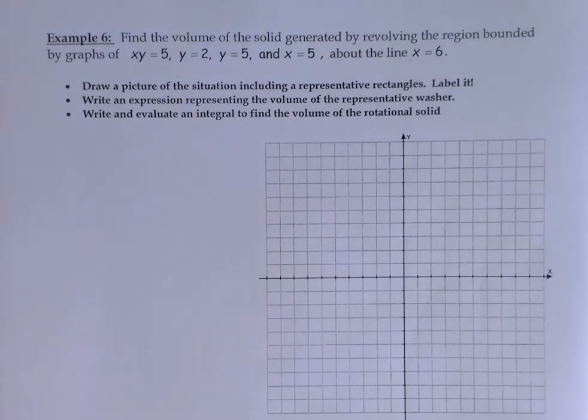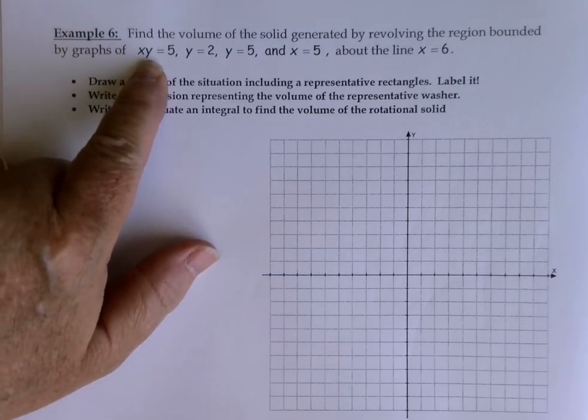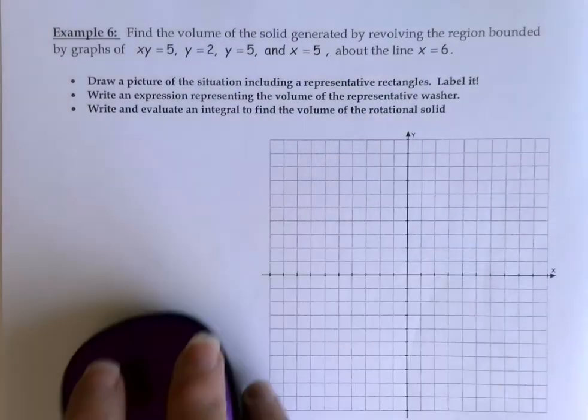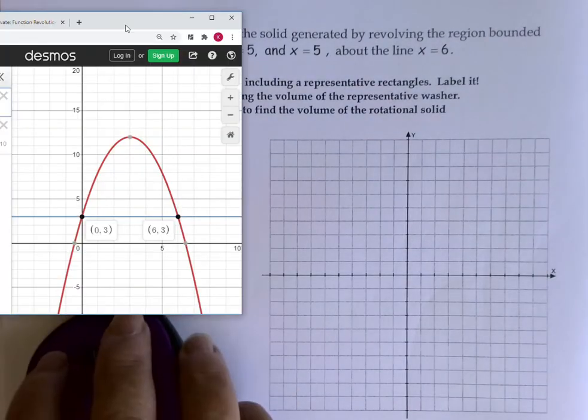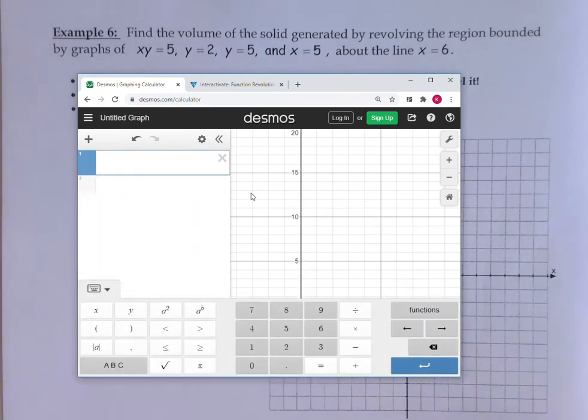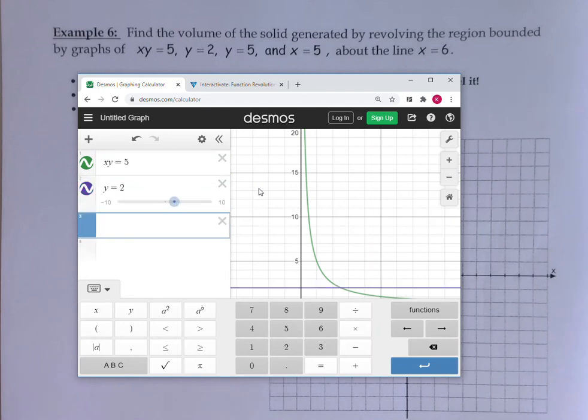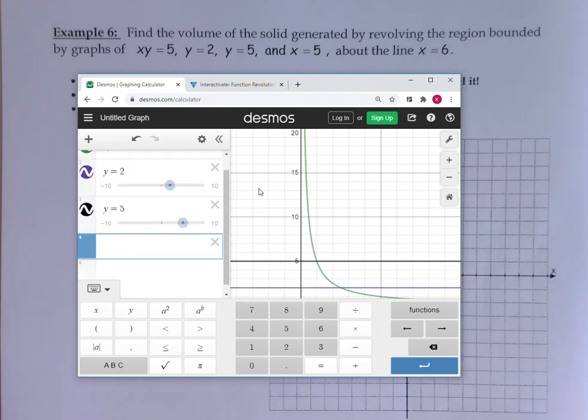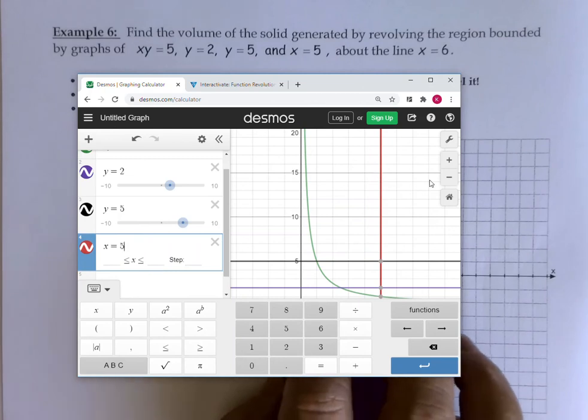Let's go ahead and graph this one, and I'm going to use Desmos just to make it big enough for you to see, although if you solved this for y, which isn't hard, you could do it on your calculator. My first equation is xy equals 5, and then we have y equals 2, y equals 5, and x equals 5.